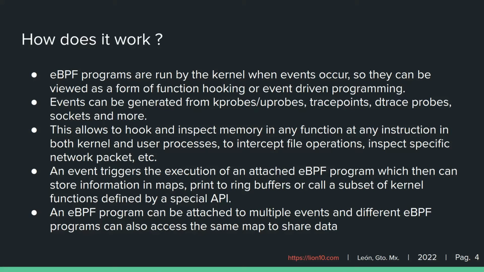This allows you to hook and inspect memory in any function at any instruction in both the kernel and user processes to intercept file operations, inspect specific network packets, etc. An event triggers the execution of an attached eBPF program, which can then store information in maps, print to ring buffers, or call a subset of kernel functions defined by the API. An eBPF program can be attached to multiple events, and different eBPF programs can also access the same map to share data.